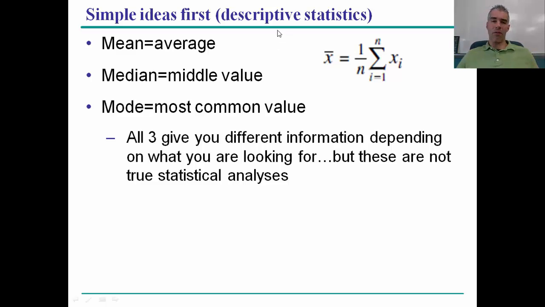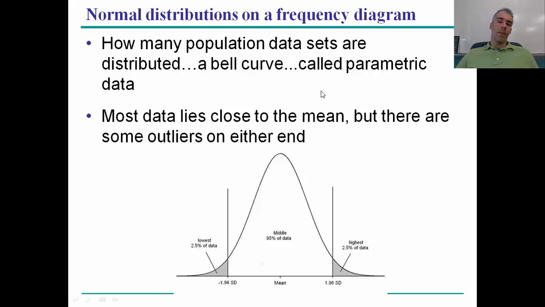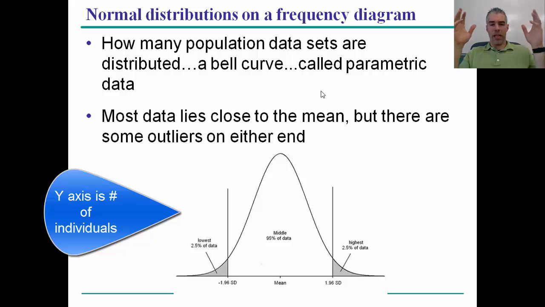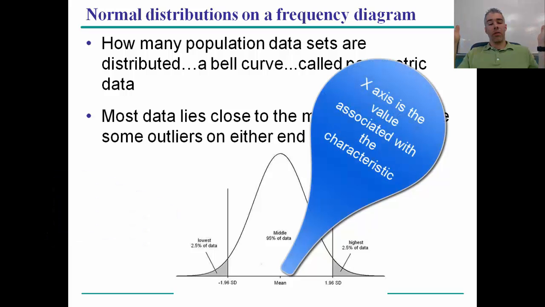Common values, how frequently something occurs, is also a very important thing. That is where mode comes in. And this relates to mode too, is a bell curve. I think a lot of you have probably heard of a bell curve before in different math classes. Basically, it's this idea that if you take any type of characteristic, most things fall on a bell curve, which looks just like this.